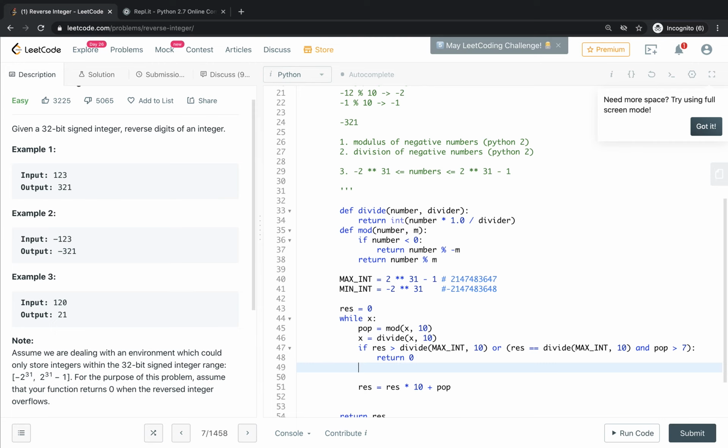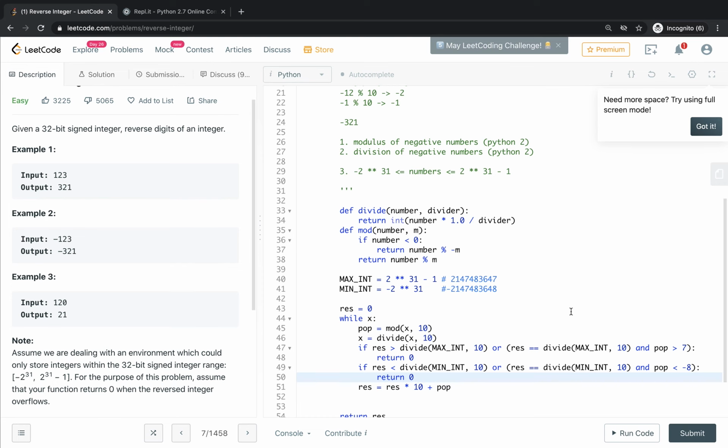And we can do the same thing again for the negative case. It's very similar. If res is less than min int divided by 10, or res is equal to min int divided by 10 and the pop is less than negative 8, we will overflow, and we'll return 0. Cool.